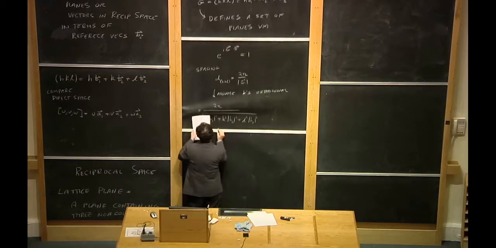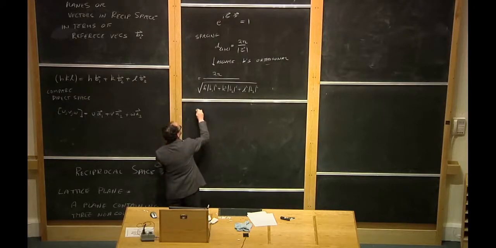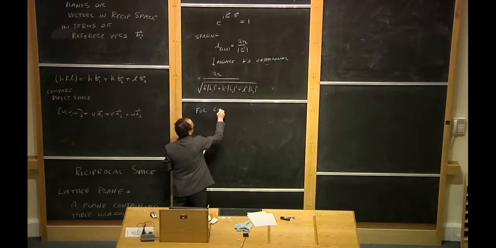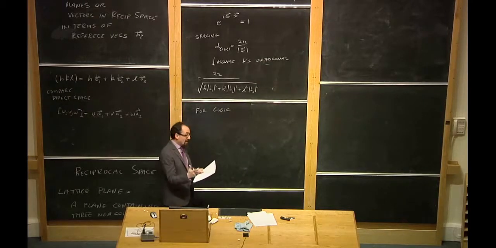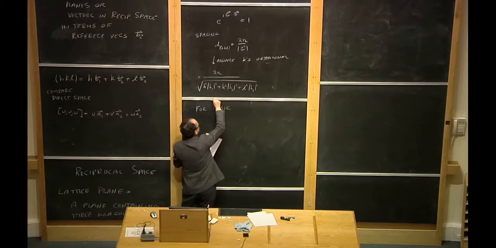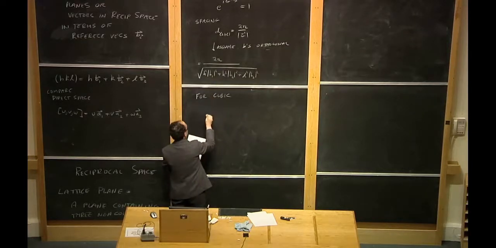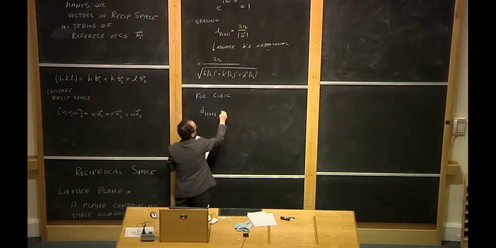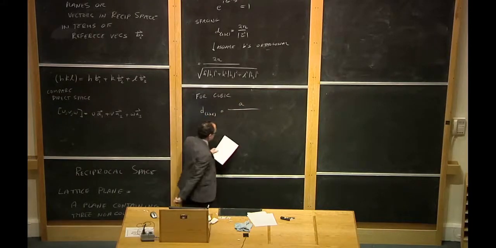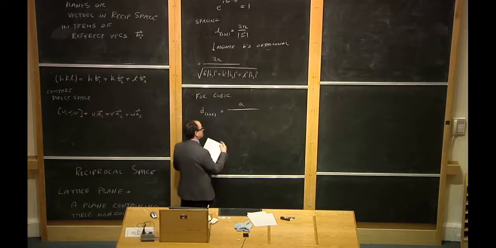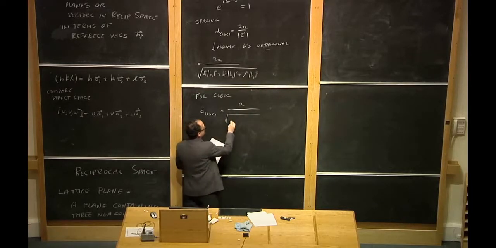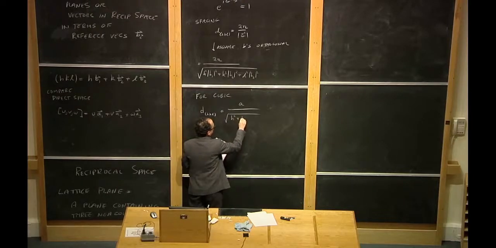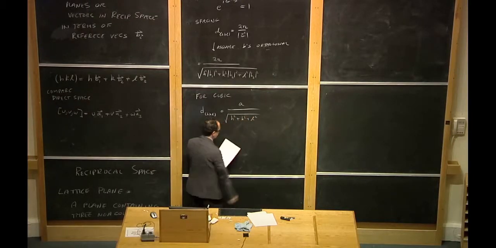And for a cubic lattice, where A1, A2, and A3 are the same length and orthogonal to each other, therefore B1, B2, B3 are the same length and orthogonal to each other, the spacing d_HKL is a, the length of the conventional unit cell in direct space, over the square root of h squared plus k squared plus l squared.